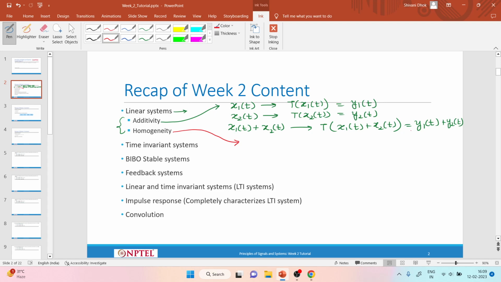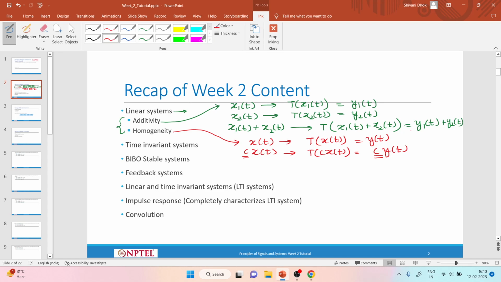The second property that a linear system satisfies is homogeneity. So what does this say? It says that if for input x of t, my output of system T is y of t, and I give a scaled version of this input, then the output should be a scaled version of the output due to x of t, and this scaling constant should be the same.